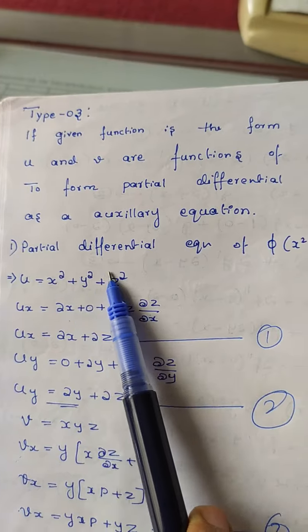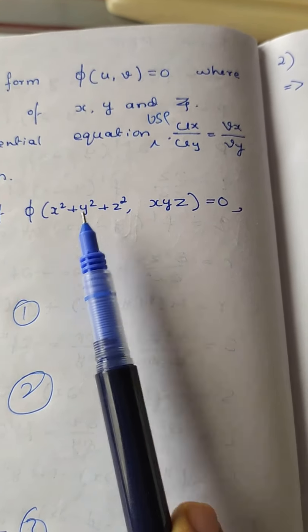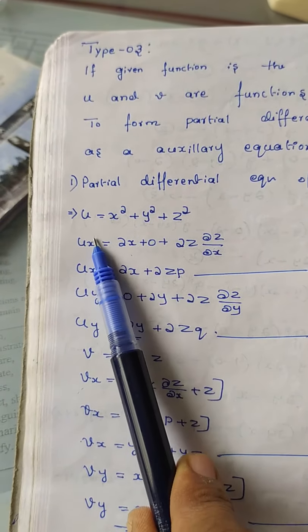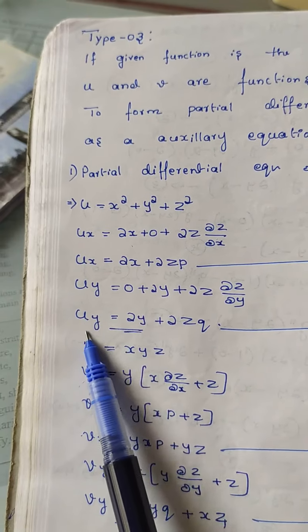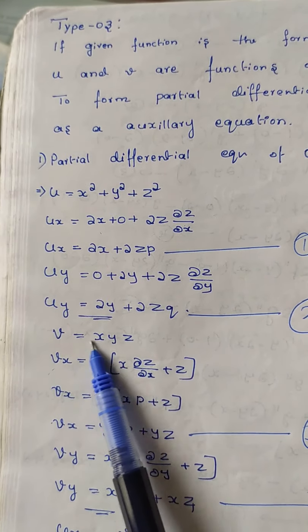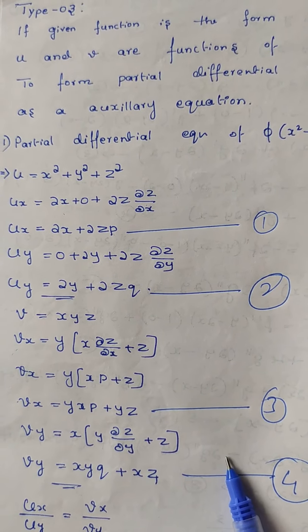See, form PDE of this equation. What is your u? X square plus y square plus z square. V is x plus y plus z. Okay, for u, find ux and uy. This is equation number 1, equation number 2. Similarly, for V, find Vx and Vy. Okay.